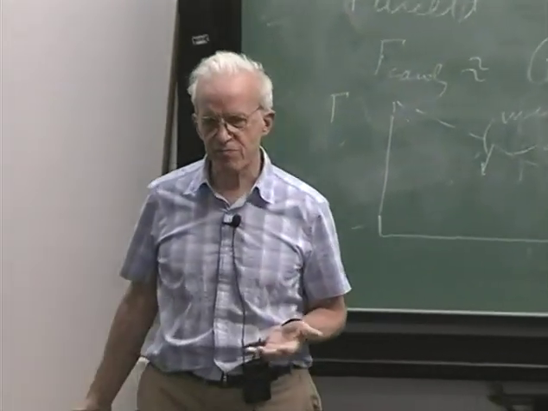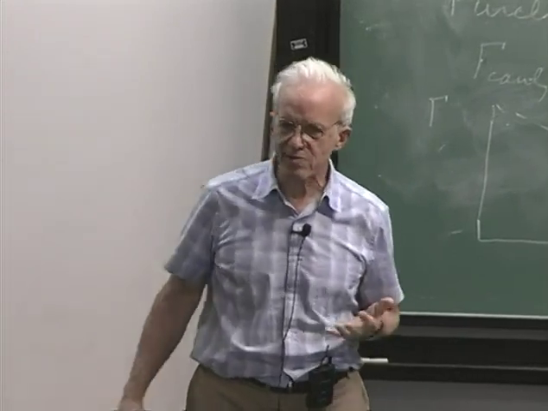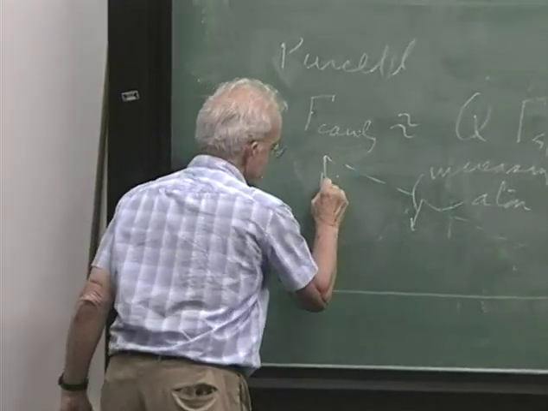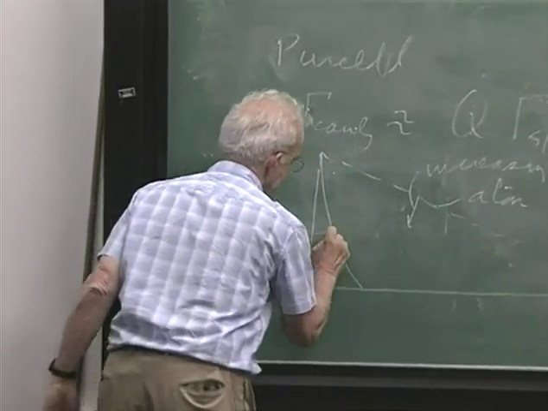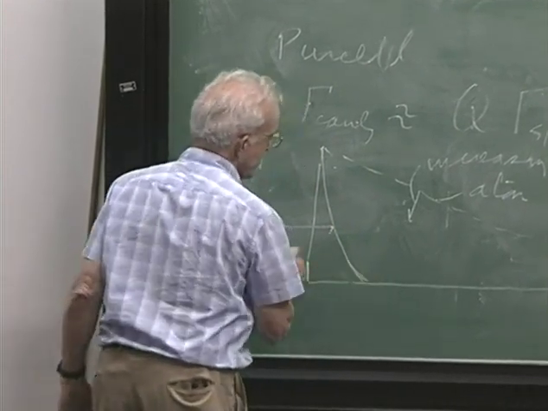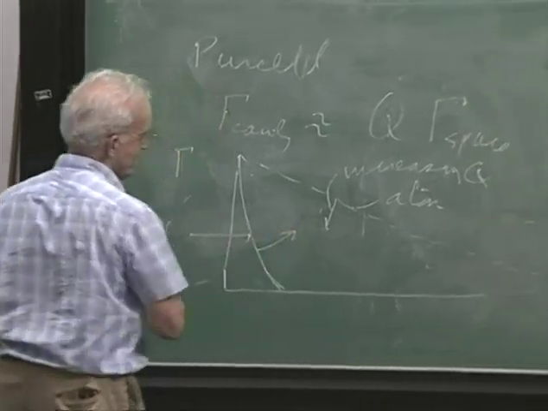Cavities damp pretty rapidly, but as you increase the Q, they damp more slowly. So what happens is you have a cavity which is going down like this. This is the cavity damping. But you increase the Q, it damps more and more slowly.